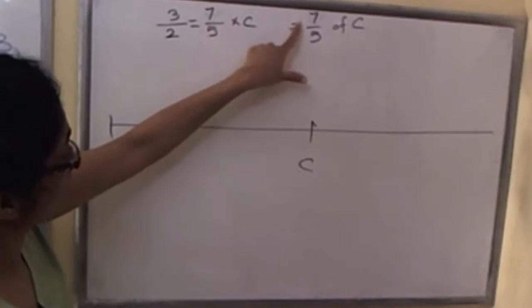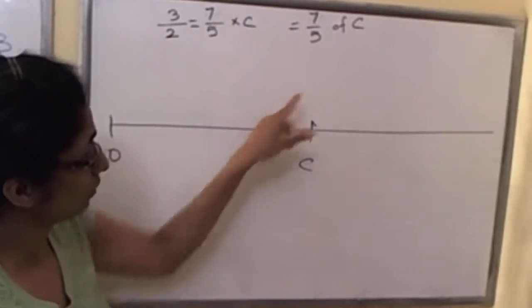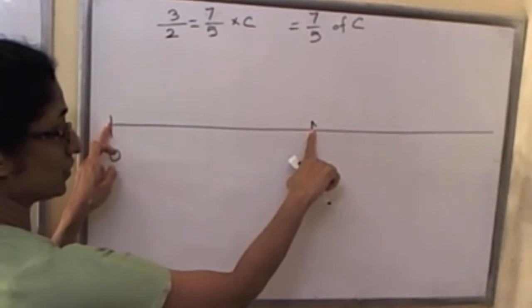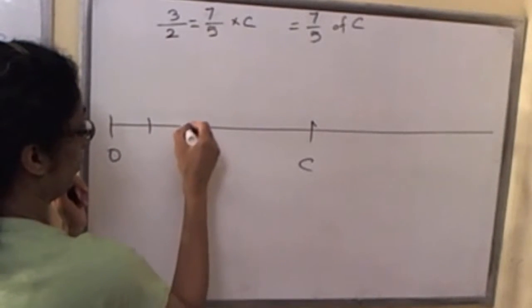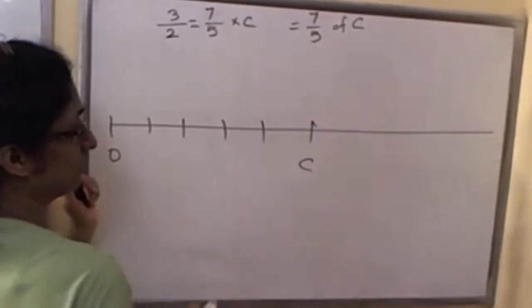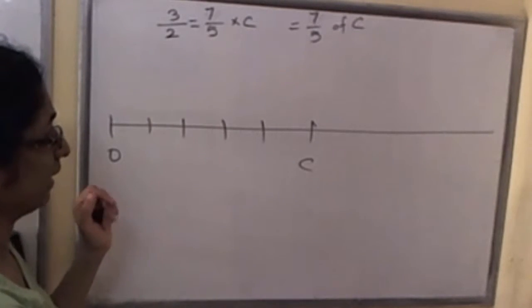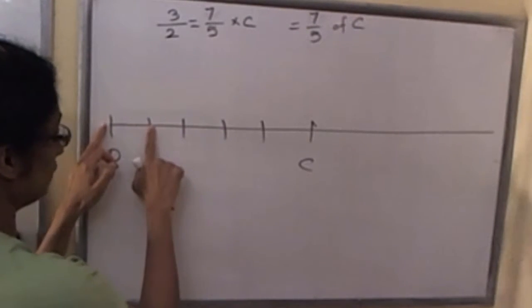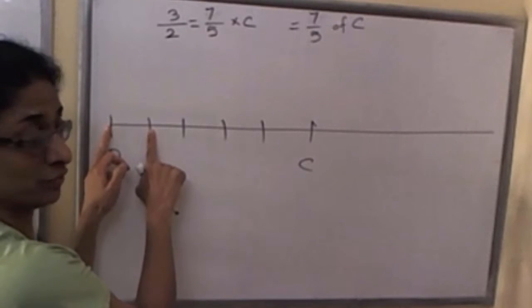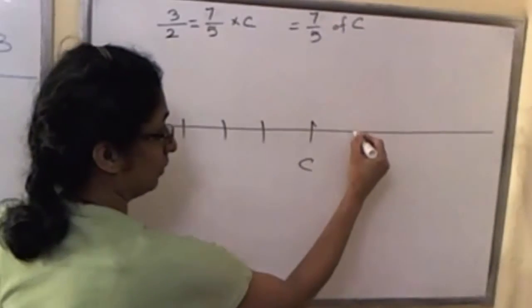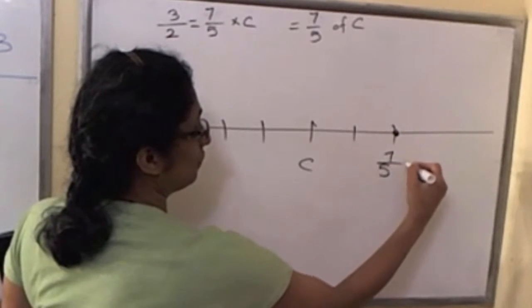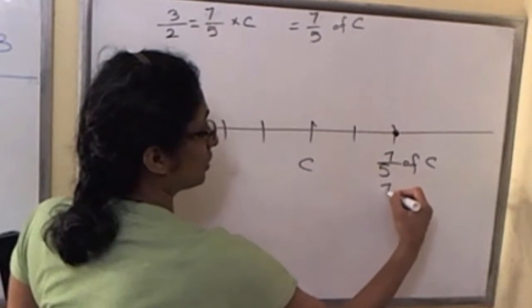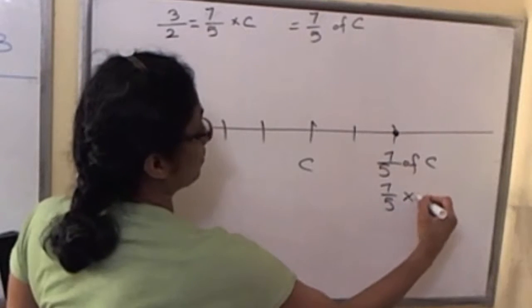Now we need to look at 7/5 of c. That means we need to partition this into 5 equal pieces, and I'll just do it approximately. Now we need to concatenate 7 of these short pieces. Here's 5 of them. So we proceed like this, and this point is 7/5 of c, or 7/5 times c.